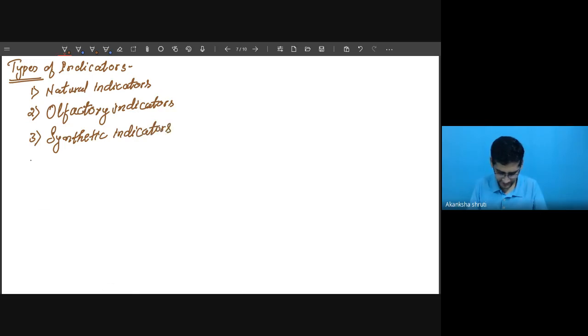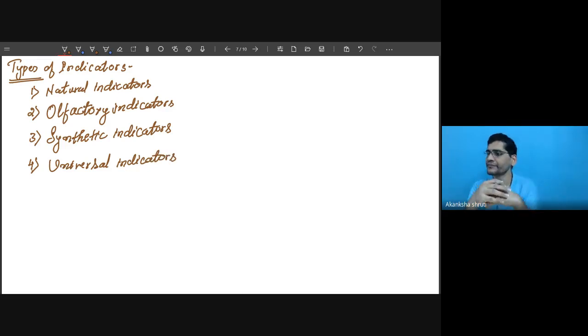The fourth one is our universal. Students, why this universal and what is that? For that you must understand like this. To test acid, we always need blue litmus, because if we have the red litmus, it will remain red. But if we dip the blue litmus in acid, it will turn red.